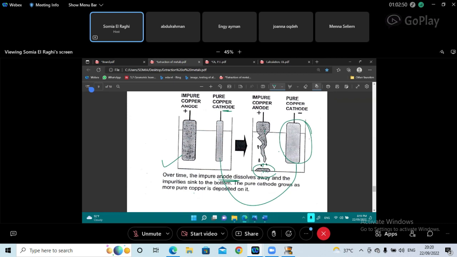And by the end, we get pure metal. It may be silver, it may be gold, it may be any metal. This is a separate question, how to purify any metal by electrolysis. Inshallah, I will explain it with the equation and observation and the questions about it when we start electrolysis.